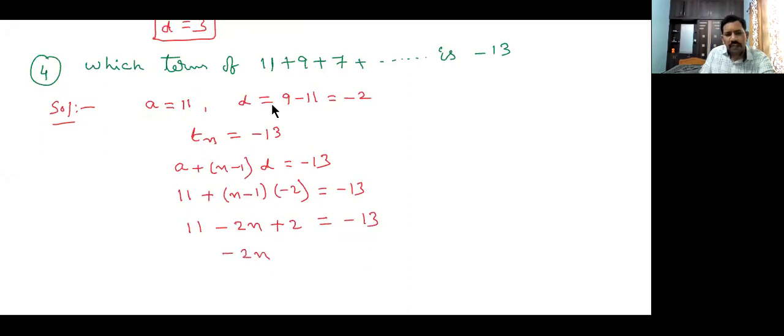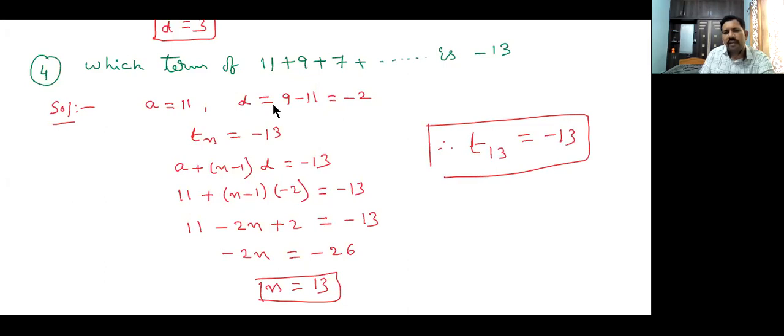Minus 2n is equal to minus 13 minus 13, overall minus 26. Now n value is 13. Therefore, the 13th term is minus 13. So this is T13. Students, I think all of you understood now.